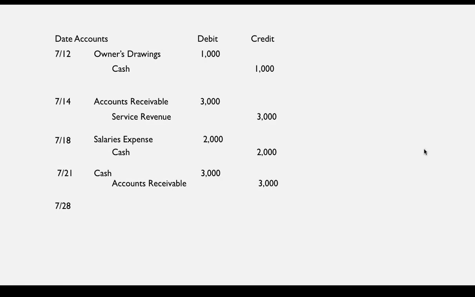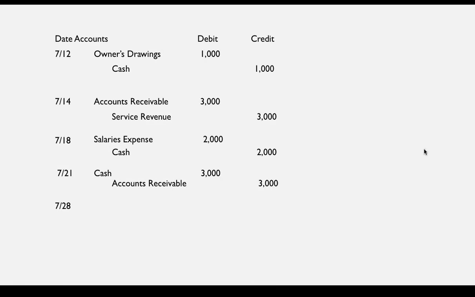Now here on the 28th, it says pay creditors $2,000 for amount owed. So whenever you see paid creditors, creditors are just people that you owe money to. So you're paying people that you owe $2,000. So if we're paying people money, we know that our cash has to decrease. And so we've talked about that before. To decrease cash, we credit our cash. But what account are we going to debit?